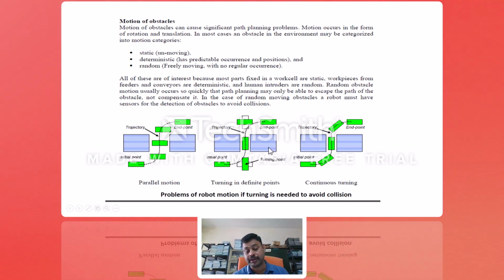Therefore it will reach the end point. Whereas if continuous turning is there, it will change automatically, so it will go continuously. Whatever minimum gap is there, they set the path through that. So path planning means they draw a line showing the direction in which we are going.